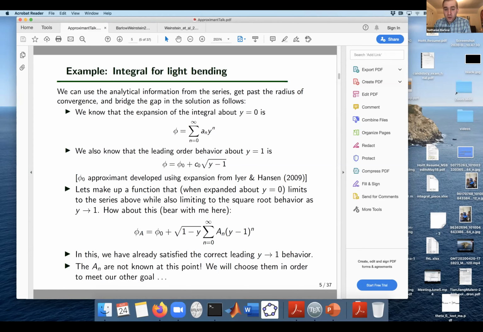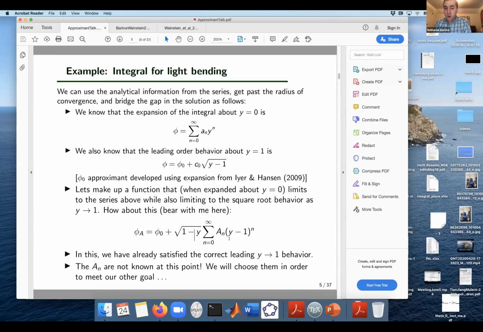So what you can do is rewrite. Usually what we do is take the thing that doesn't look like a power series, which is the second thing written down here, the thing that I've highlighted. And you rewrite that, but then you embed in some unknown coefficients. Here these unknown coefficients are denoted by capital A sub n. And this is what we call an approximant. It's something that mimics one of the behaviors, in this case, as y goes to 1.